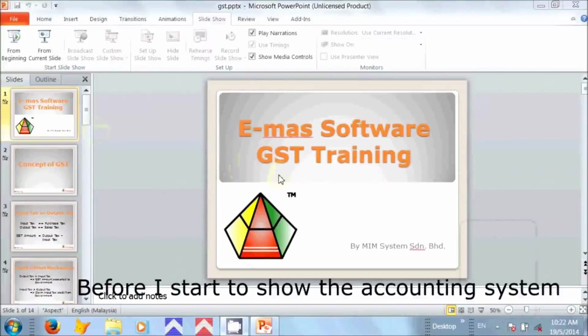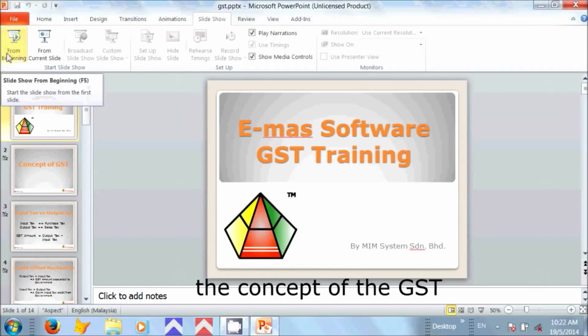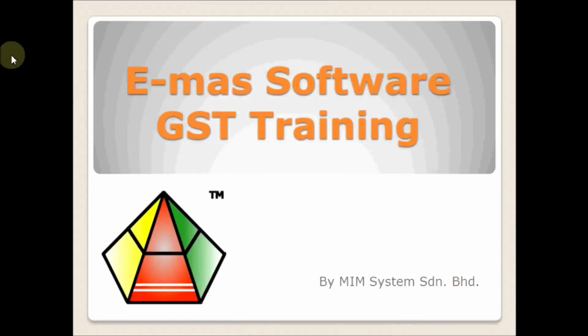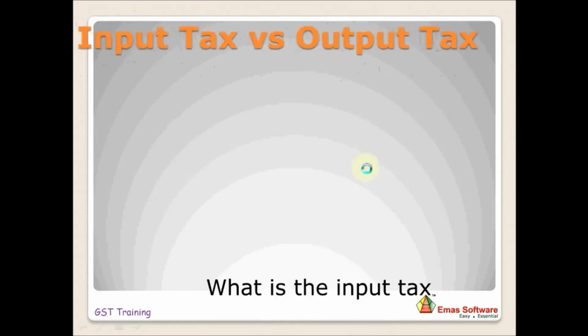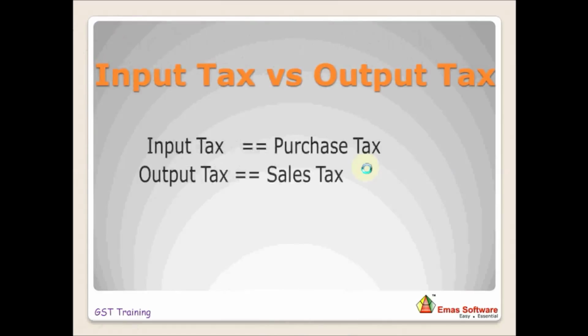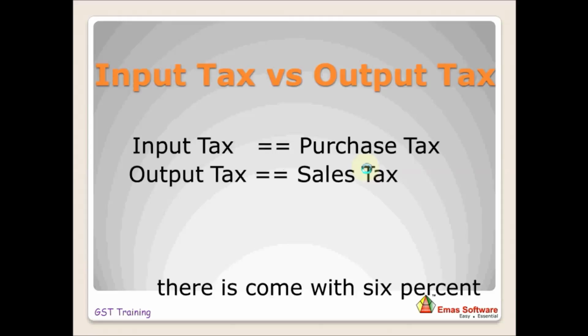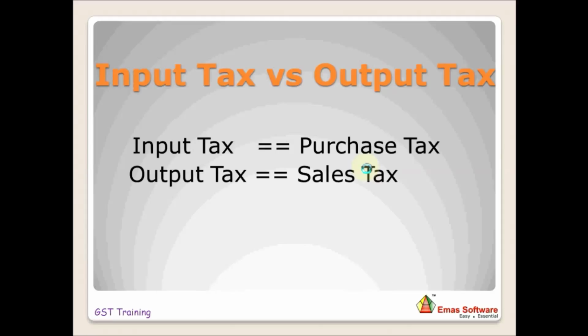Before I start to show the accounting system, I need to show you the concept of the GST. What is the input tax and what is the output tax? You receive the invoice from your supplier that comes with the 6% tax.